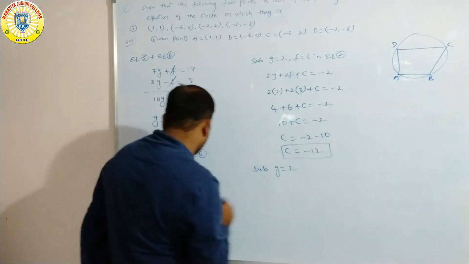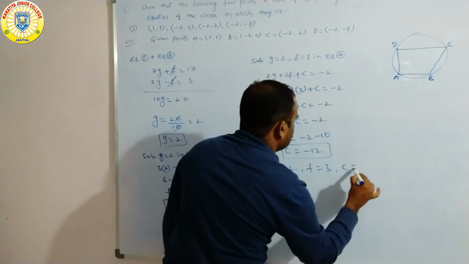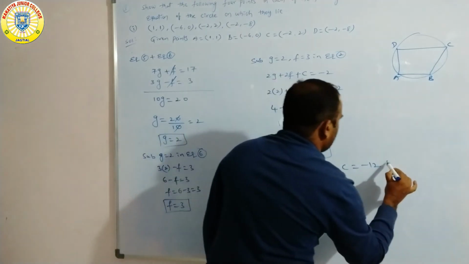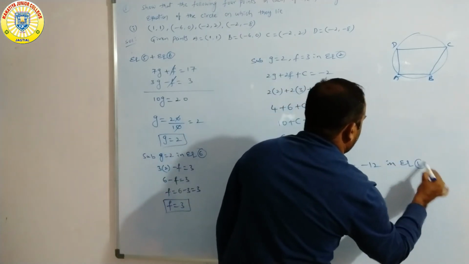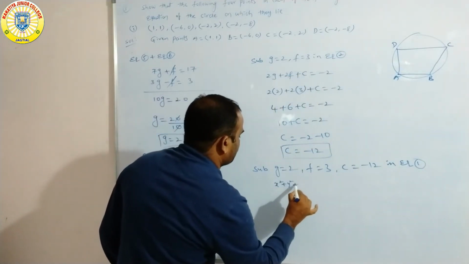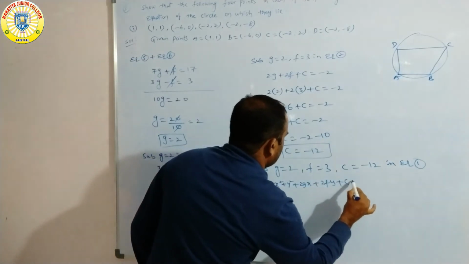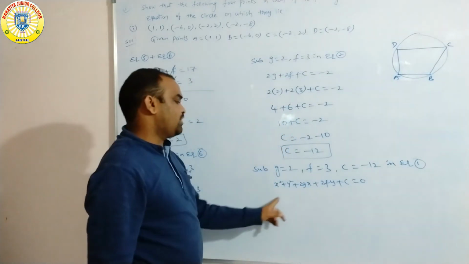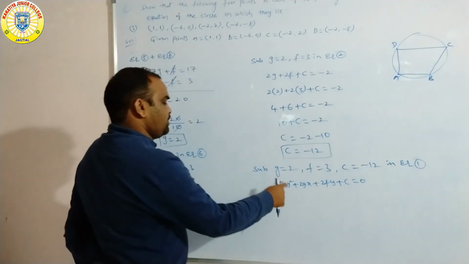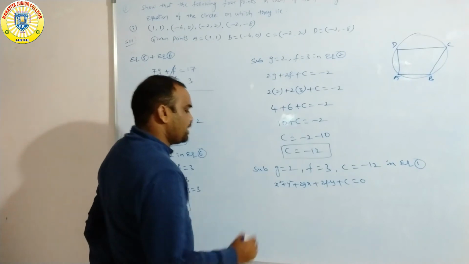Here substituting g is equal to 2 comma f is equal to 3, c is equal to minus 12 in equation 1. What is equation 1? x square plus y square plus 2gx plus 2fy plus c is equal to 0. This is the equation 1. So in this equation we are substituting g is equal to 2, f is equal to 3 and c is equal to minus 12.